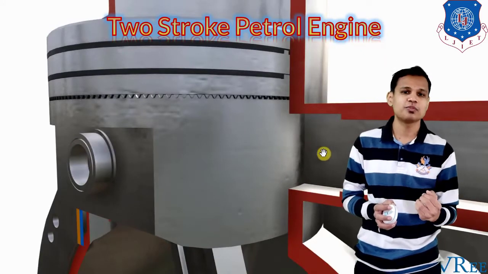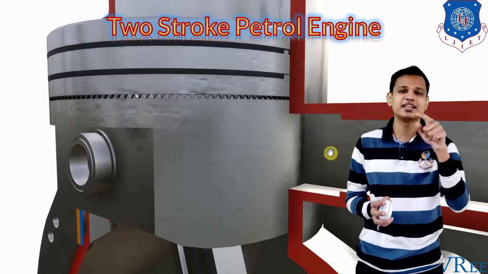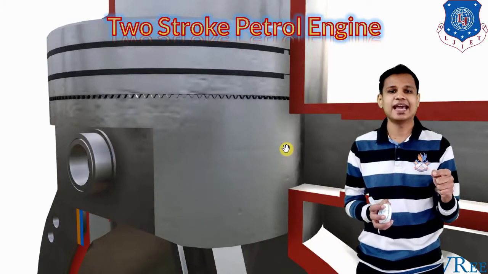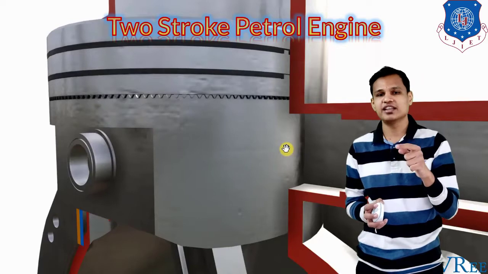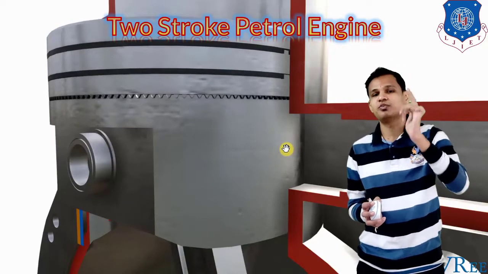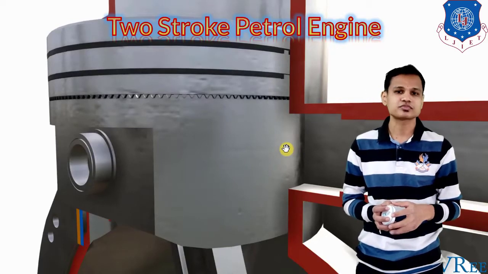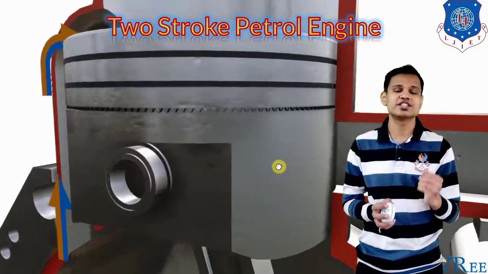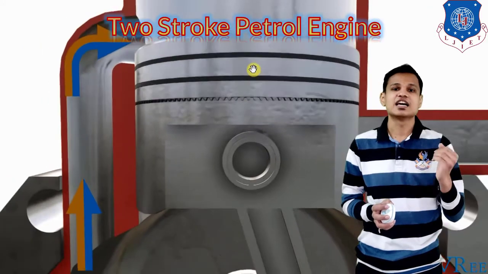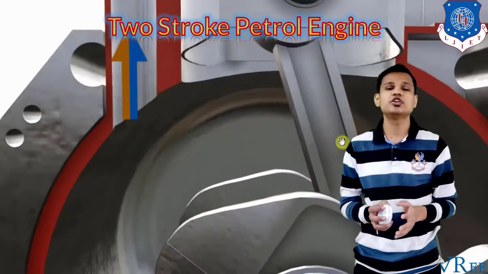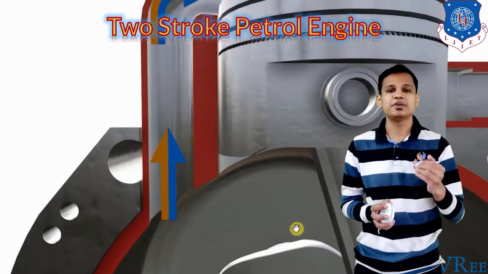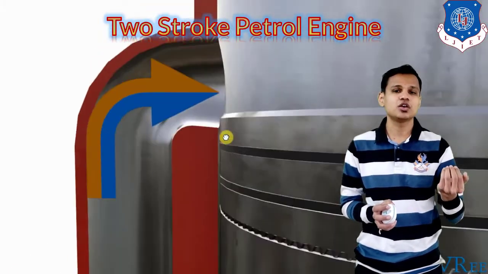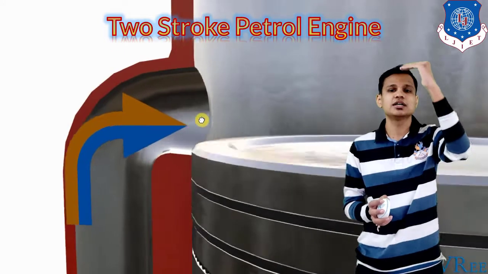So that transfer port will transmit that inlet charge that came from the inlet port after pressurizing in the crankcase, and after pressurizing the transfer port will transmit the charge into the combustion chamber, where the combustion of charge needs to take place. After charge goes into the combustion chamber, the piston will move upwards, or it will go again from the BDC to the TDC.